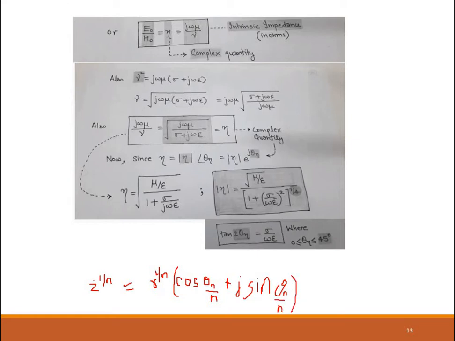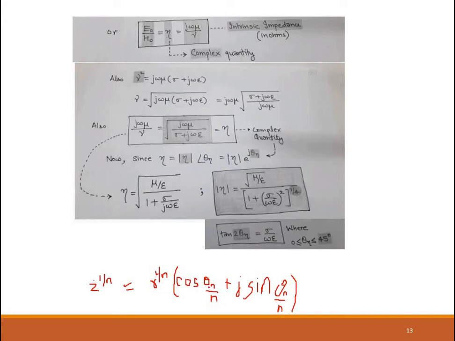Okay. So what happens is, in this case, this cos theta n by n corresponds to the 1. Similarly, this sine theta n by n corresponds to sigma by omega epsilon. Okay. So in this case, the n is 1 by 2.